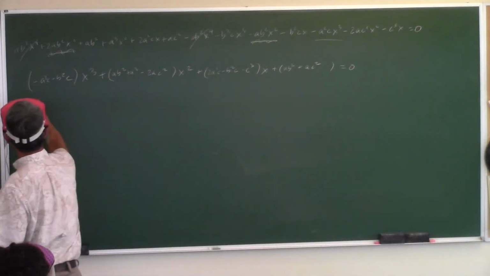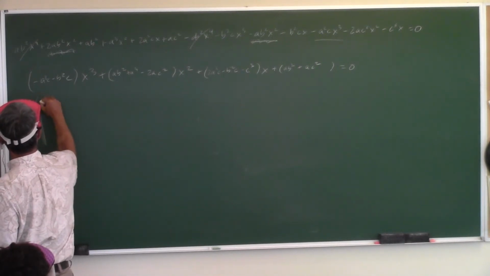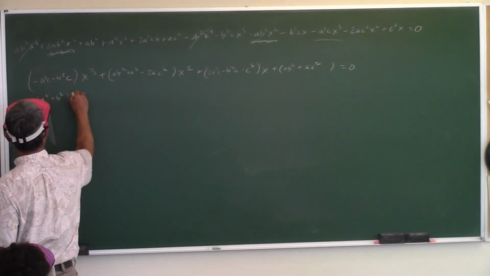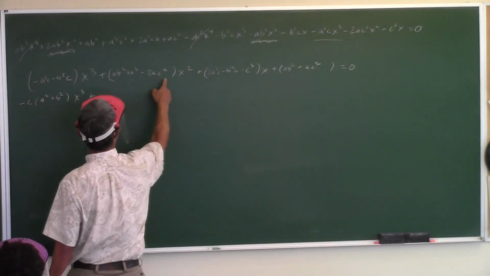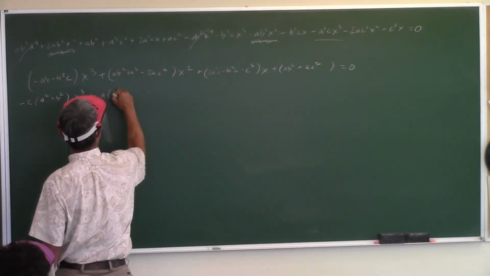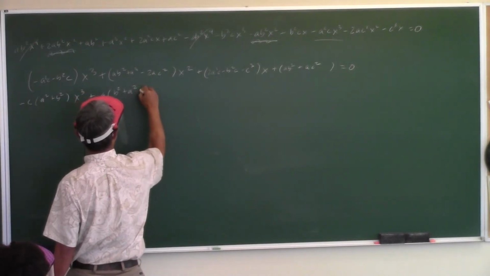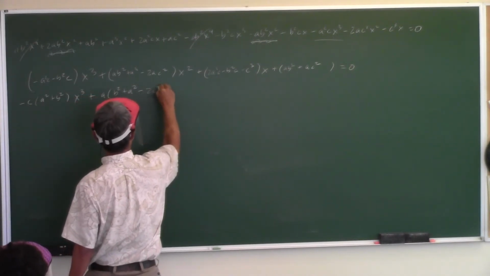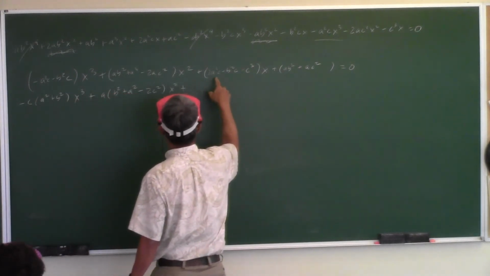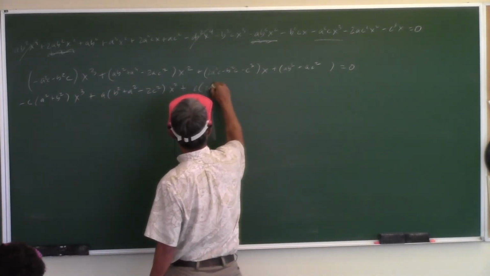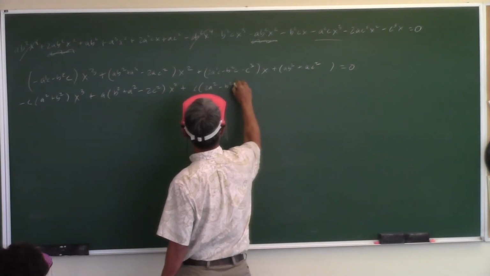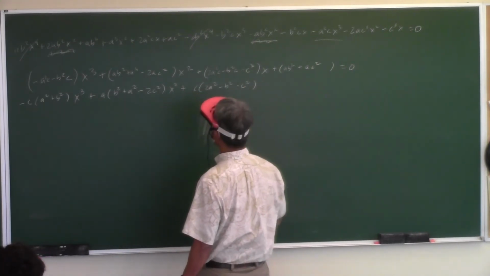You guys are just staring. It doesn't work. Not the same. Okay, so what are we factoring out from here? A. You get b squared plus a squared minus 2c squared. But over here, if you factor out c, you get 2a squared minus b squared minus c squared.